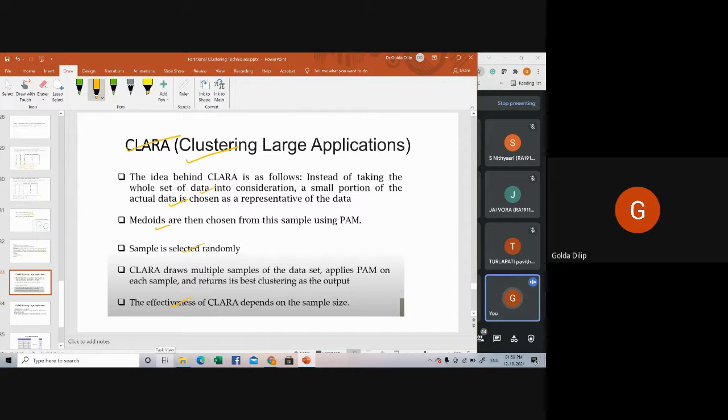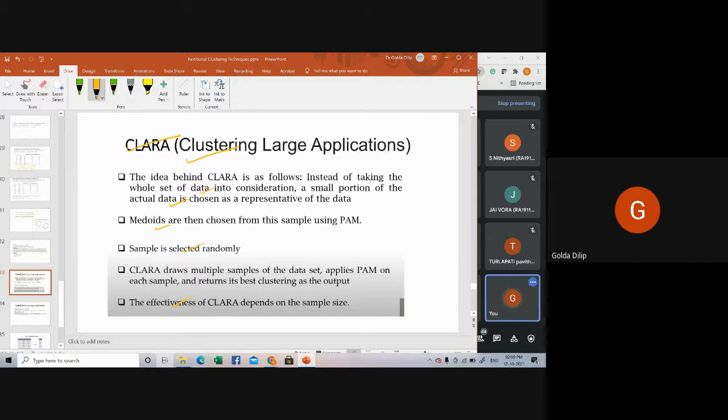Instead of taking the whole data set into consideration, a small portion of the actual data set, a sample, is drawn. Various samples of a certain size are drawn, and from the various samples, medoids are chosen using partitioning around medoids.